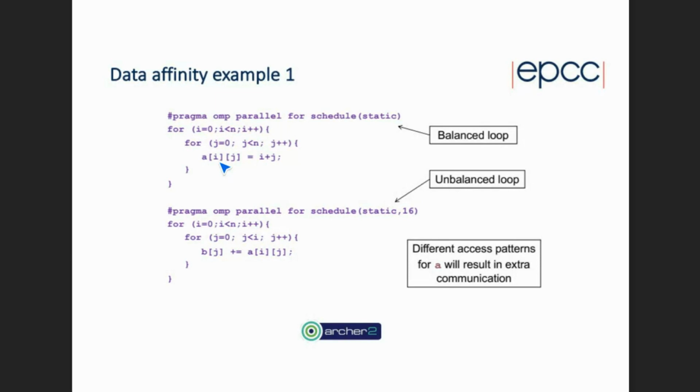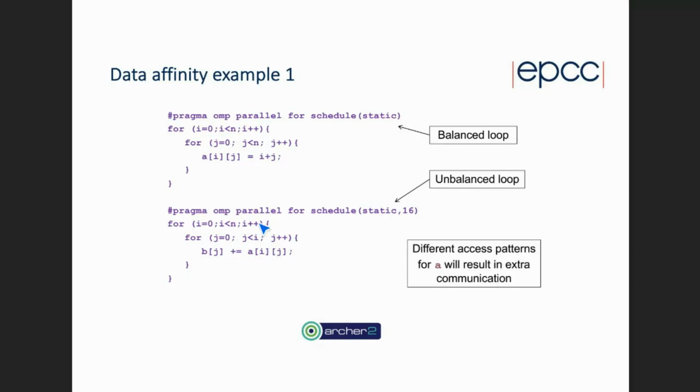So provided that A is not too huge and fits in some level of cache, these reads will typically need to go to the remote cache on another core to retrieve the up-to-date value that was written by some other thread.